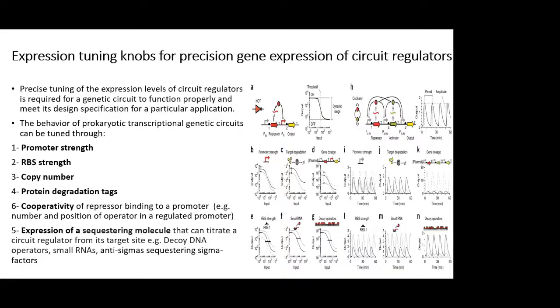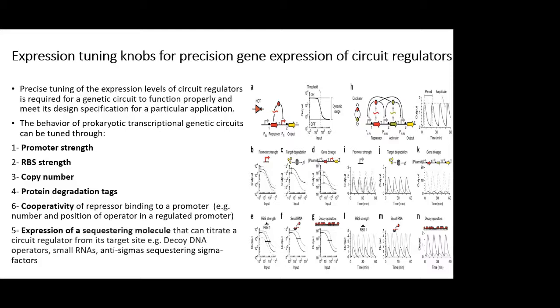So in this case, you have a working model. Once you have a working model, you can make predictions using this model to predict the effect of different tuning knobs, different parameters in your circuits.